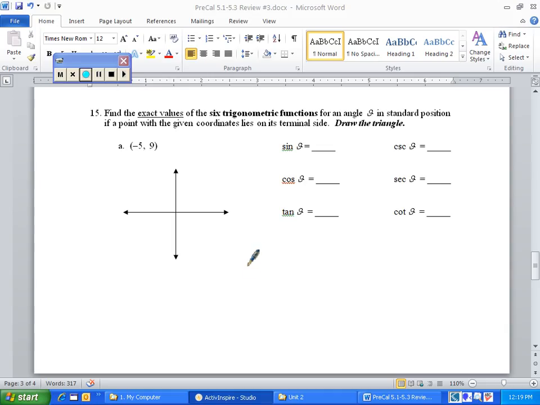So now what we're trying to do is figure out what r is. So we have x squared plus y squared equals r squared. -5 squared plus 9 squared equals r squared. Now you can use your calculator to figure this out. And you get the square root of 106.